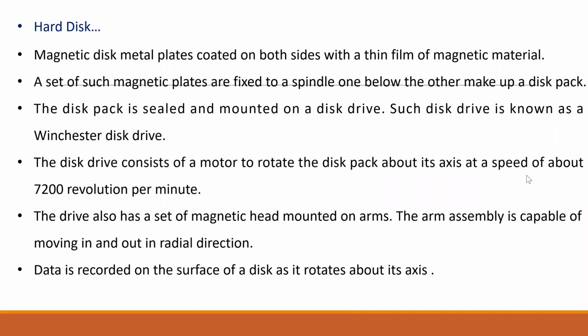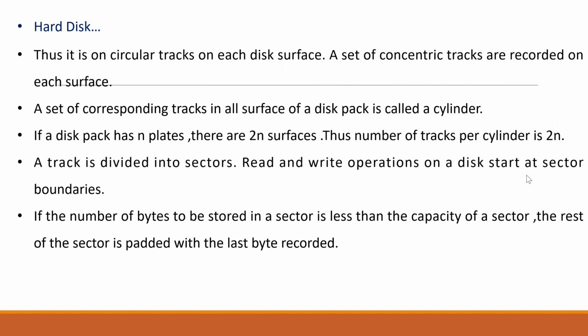Thus it is on circular tracks on each disk surface. A set of concentric tracks is recorded on each surface, and the set of corresponding tracks in all surfaces of a disk pack is called a cylinder.